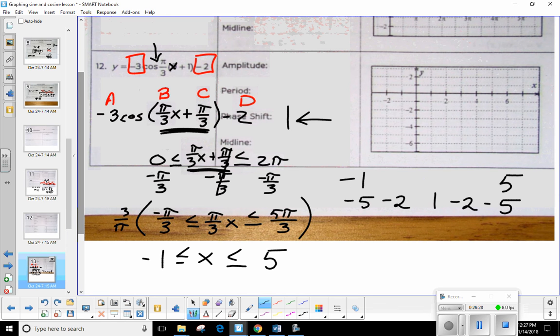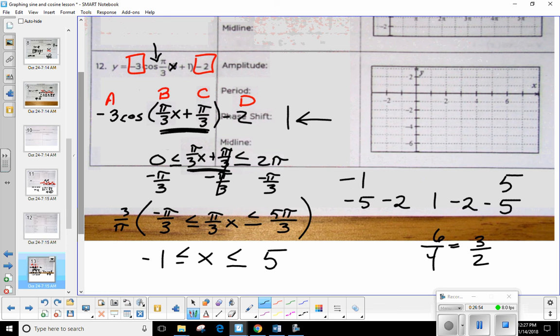Okay. So for negative 1 to 5, that's a distance of 6. And what do we always do? Divide by 4. We always divide by 4. Always. So what is 6/4? 3/2. And if it's an exact decimal, maybe you can do that. 1.5.